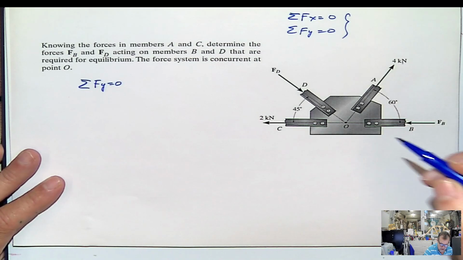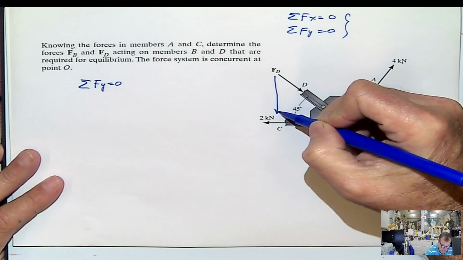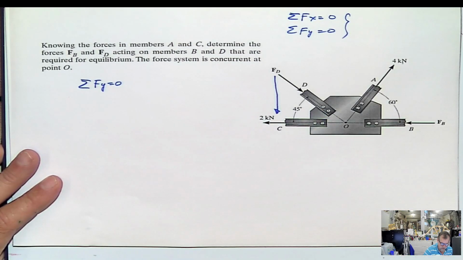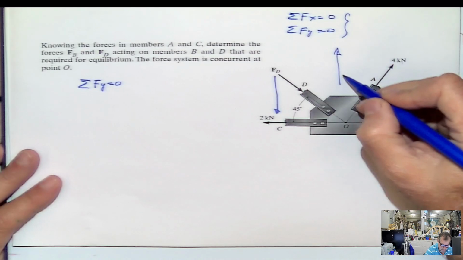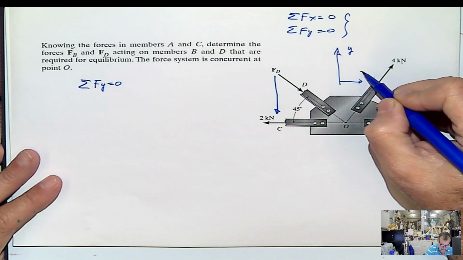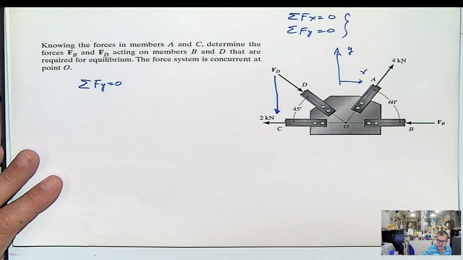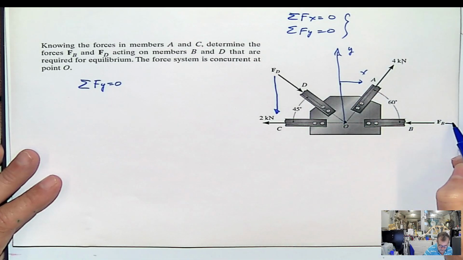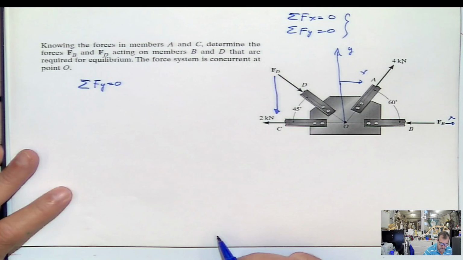If I do that, we will have this component for FD. This is 45, the opposite of 45, pointing downward. If I establish this as my axis of reference in that direction, of course, they have to be centered here. I was just putting a reference right there.